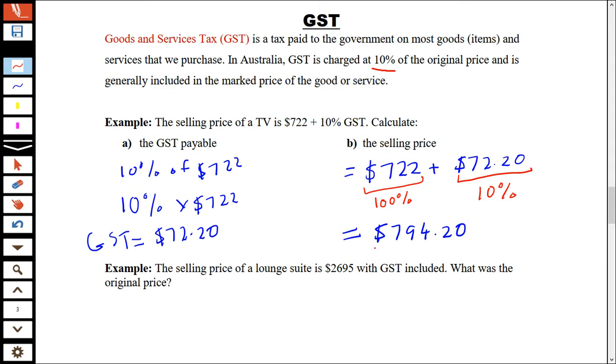So that means what you end up paying to the shop is 110% of the original price. Now, obviously, the shopkeeper keeps the 100%, and then the shopkeeper gives 10% to the government. Okay, so the shopkeeper keeps this amount, and this amount here gets paid to the government.